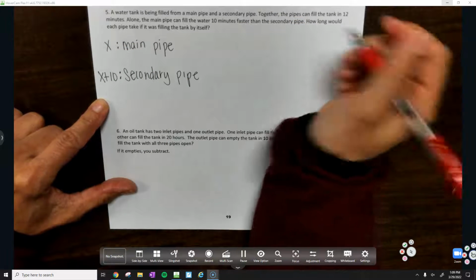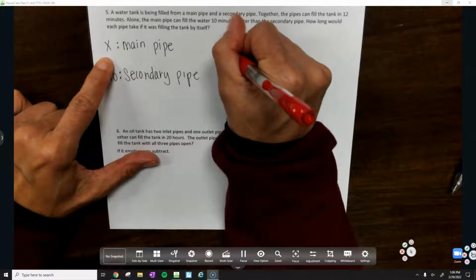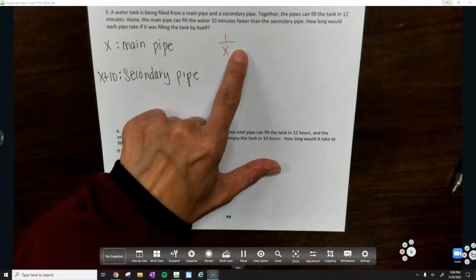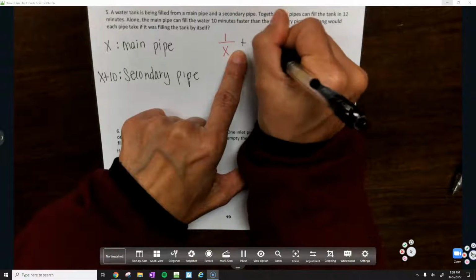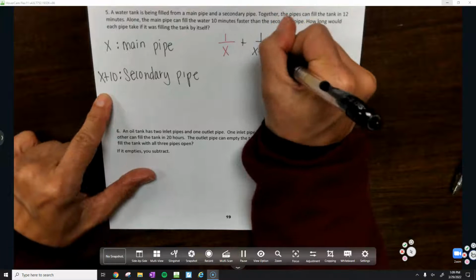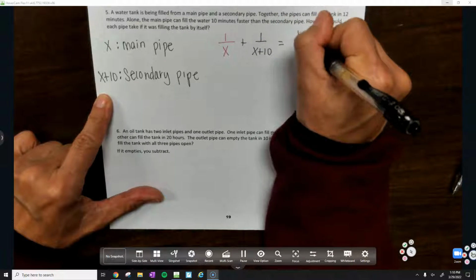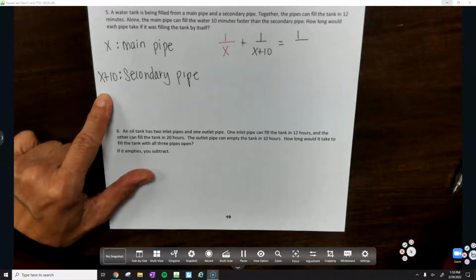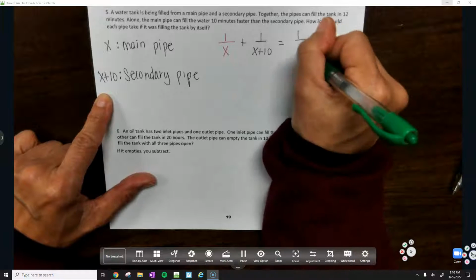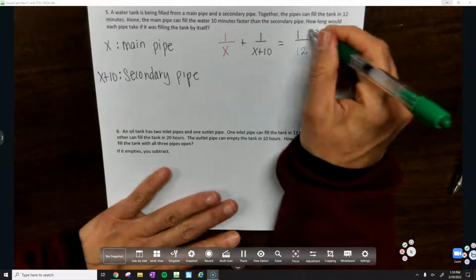So we are going to have one water tank for the main pipe plus the same tank for the slower secondary pipe, and that tank is going to be filled by both of them in 12 minutes.